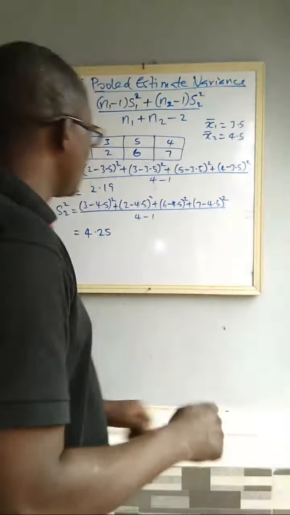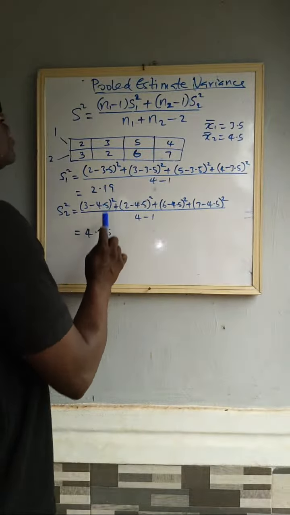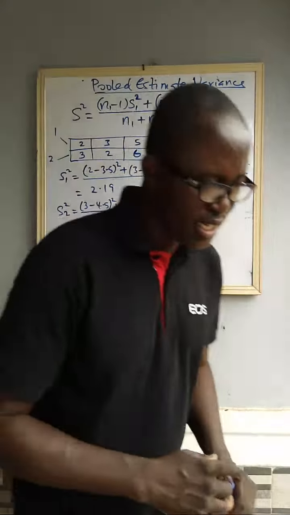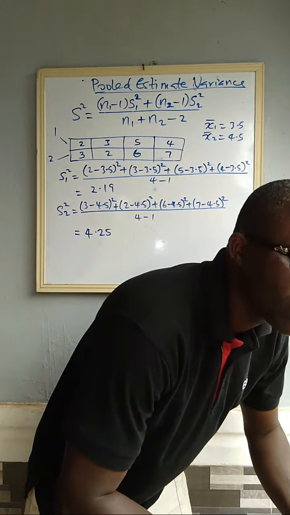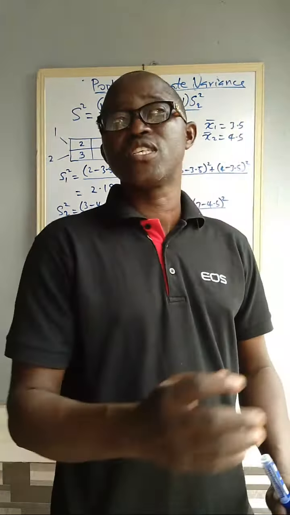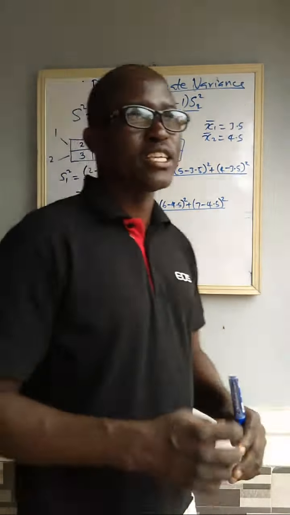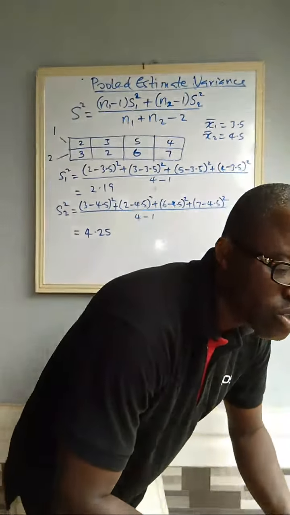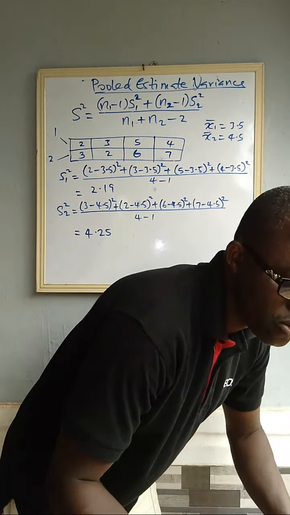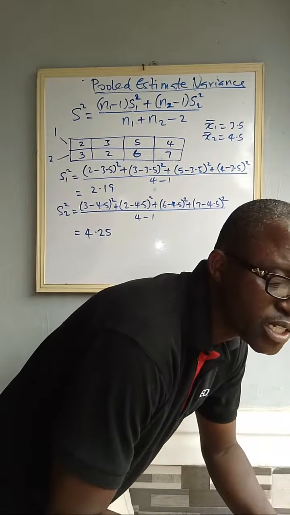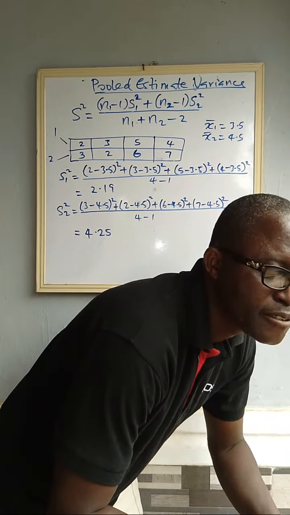I want you to confirm from your own end that these two answers are correct. I've not done it before. This is just hypothetical data sets that I just wrote on the board, and I want to carefully confirm that they are right before we proceed.